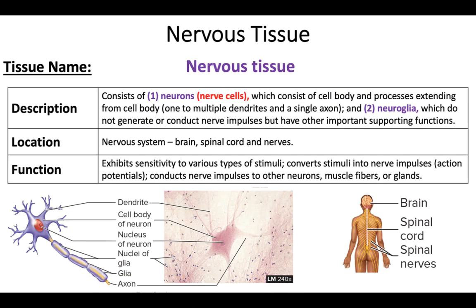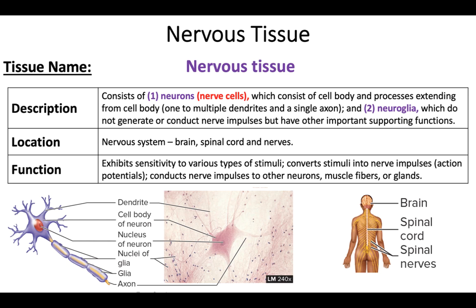Last tissue, we're at the end, is nervous tissue. And again, I've mentioned this a couple times. There's a whole chapter dedicated to it. So for now, you just need to remember it's in your brain, it's in your spinal cord, it's in your nerves. It's made up of cells. A lot of them are called neurons, that are the cells that can produce electrical signals.